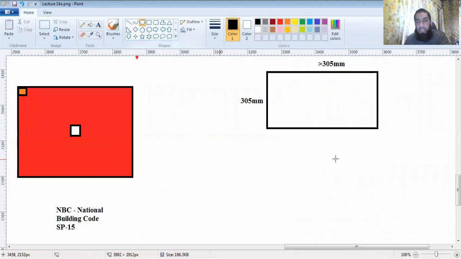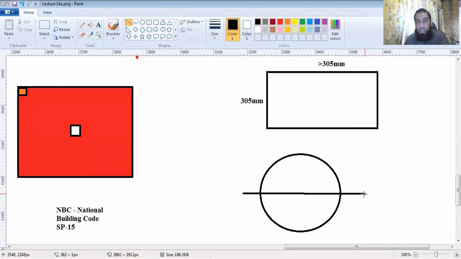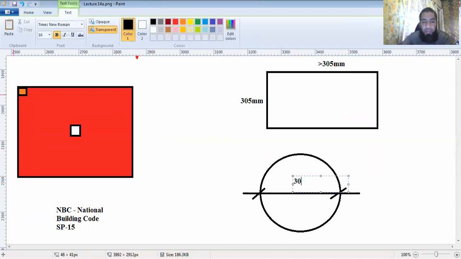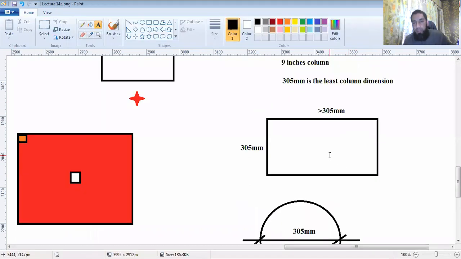Now if you're designing a circular column, again you would prefer it to be this. Code says 300 mm, but as per the construction requirements, it then comes out to be around 305 mm. This diameter of the column then comes to be 305 mm for a circular column.